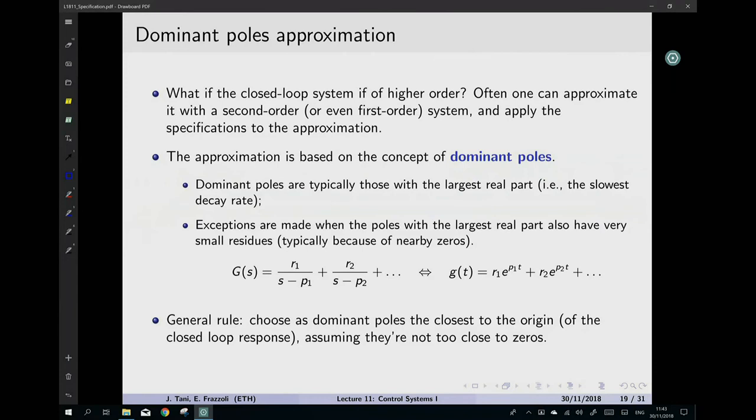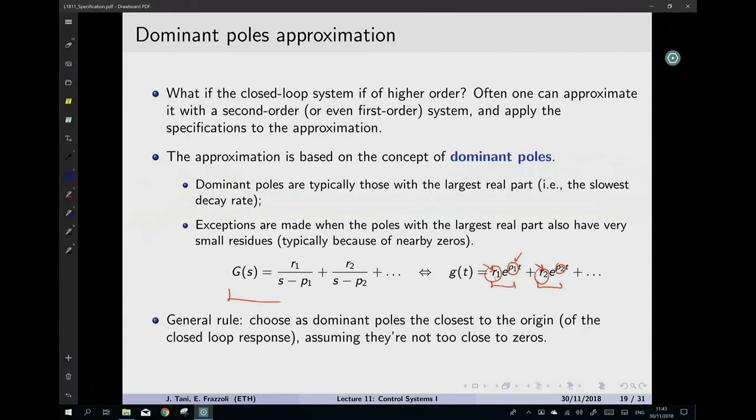You might recall that the response of a system is given by the weighted combination of terms that depend on the poles and on the residuals, right? A few classes ago, we saw that the poles are the negative real parts of the closed-loop transfer function, and the residuals are instead affected by the zeros of the system.